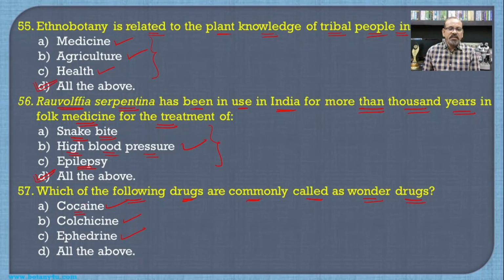Cocaine is directly involved with the nervous system of the body. Colchicine acts on the formation of the spindle fibers during meiosis and mitosis, and ephedrine also changes the physiological condition as well as the nervous system of the body. Hence all the above becomes the answer, as all these three are commonly called wonder drugs.